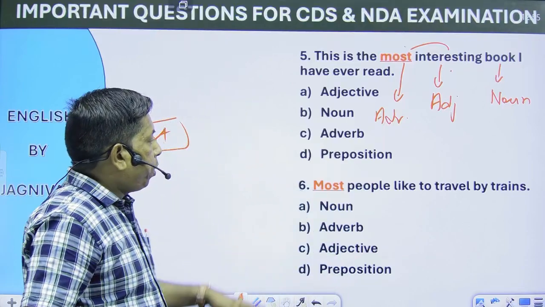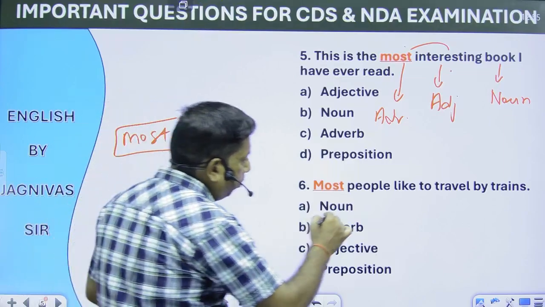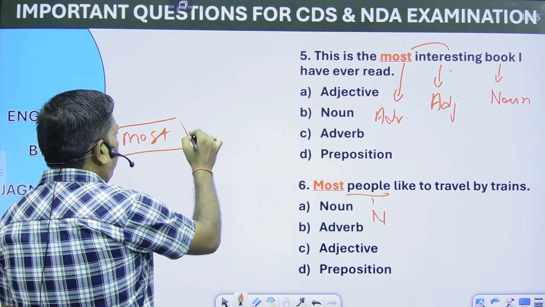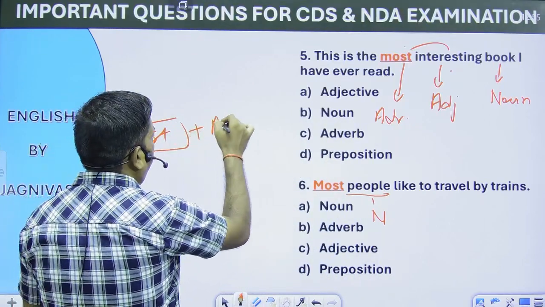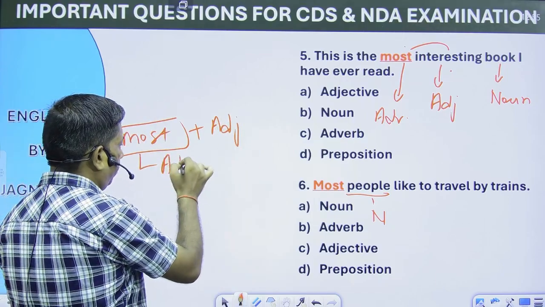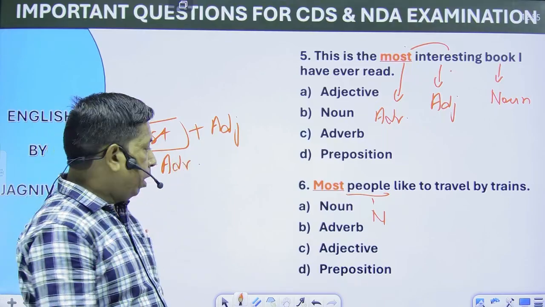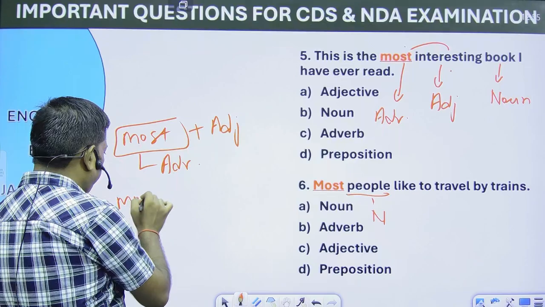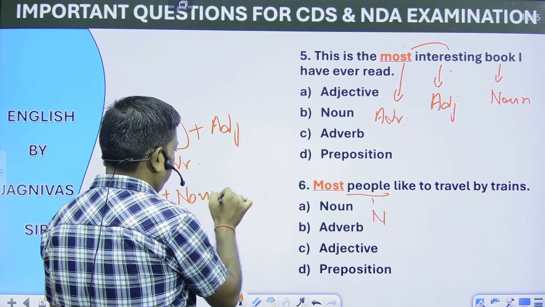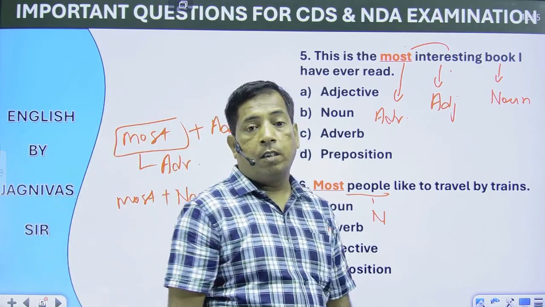But if you see in this sentence, most is used before a noun. So if most is used before an adjective, it becomes an adverb. If most is used before a noun, then it is an adjective.